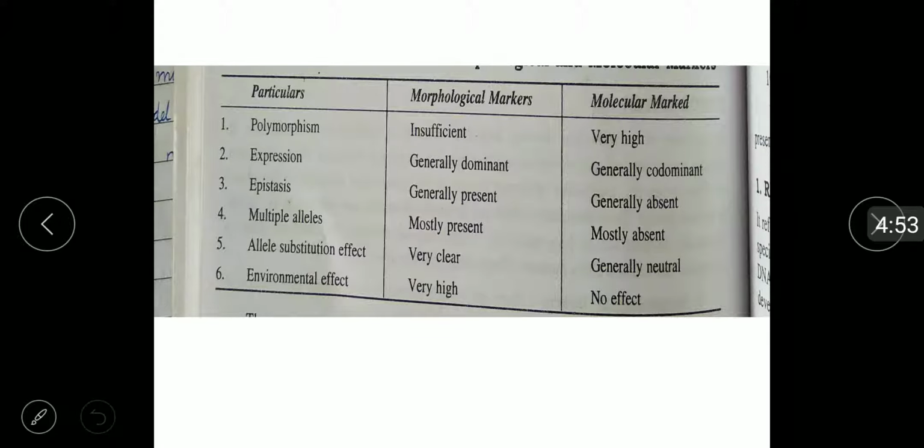These are morphological markers we can use to differentiate two or many genotypes. Molecular markers are markers like RAPD and RFLP. To see the differences between molecular markers like RAPD, RFLP, isozyme, SSR and SNP, please refer to our previous videos.